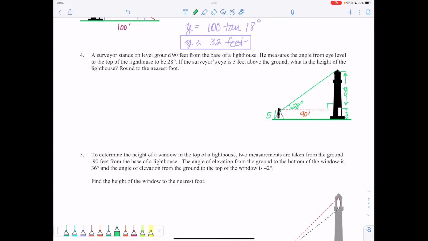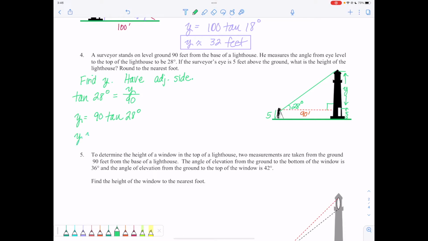So what do we have? Well, we want to first find y. And again, we have the adjacent side. So y is opposite, and we have adjacent. So again, we will find the tangent of 28 degrees to be equal to the opposite over the adjacent side. So y is equal to 90 multiplied by the tangent of 28 degrees.